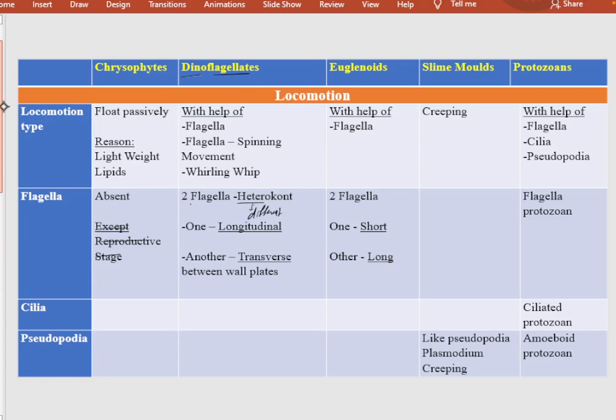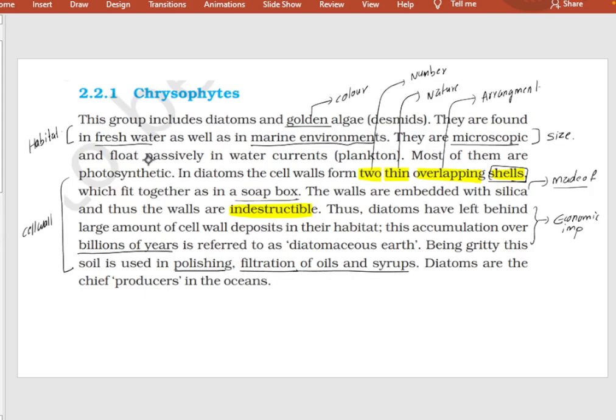In NCERT it says they float passively in the water currents. So this point about floating passively is about locomotion.